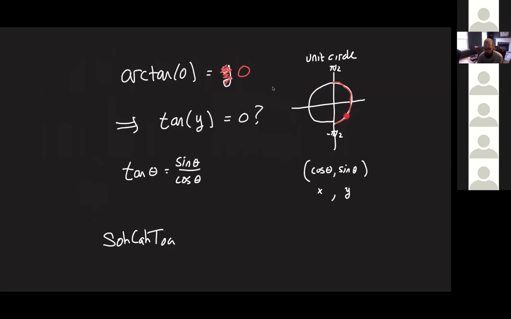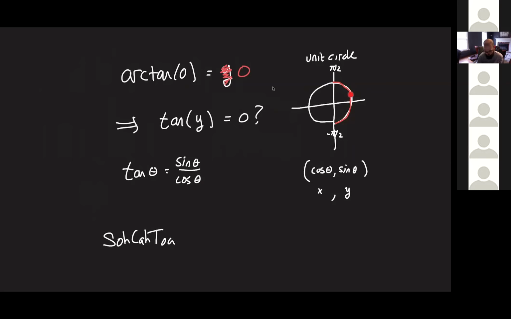Over here it's never going to happen, because the y coordinate is going to be some negative number and the x coordinate is going to be some positive number. So none of these will be 0.